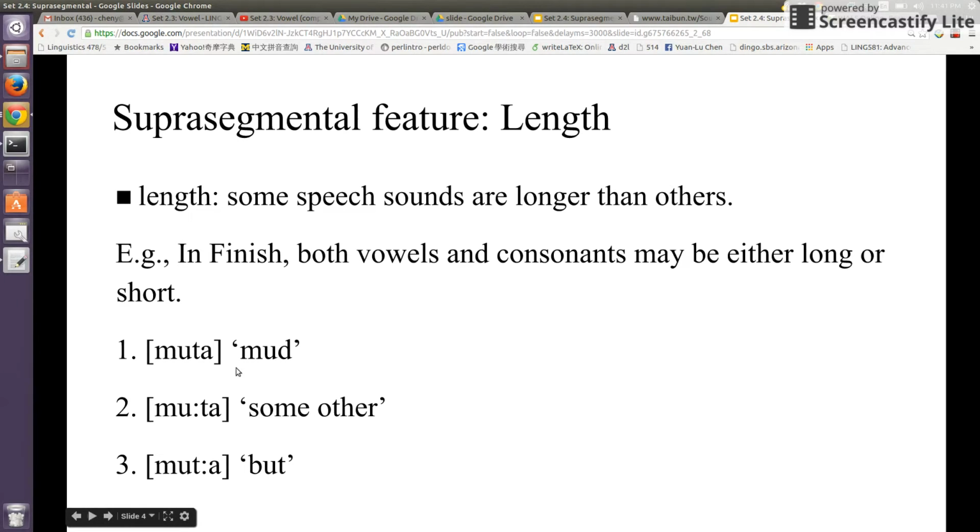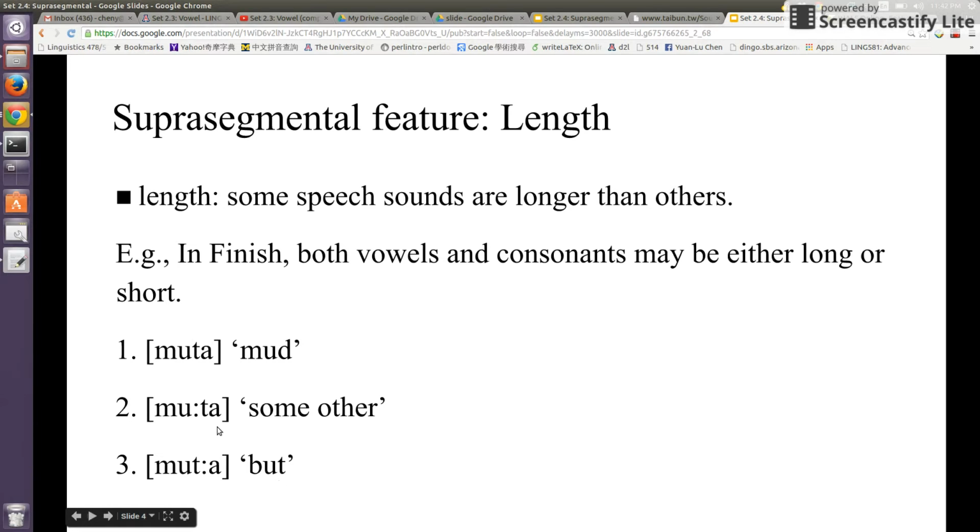We have muta here, and we can lengthen the vowel, and it has another meaning. And also we can lengthen the consonant. I don't know how to do this, but we know how it is achieved. So we got another meaning. This is the first suprasegmental feature, length.